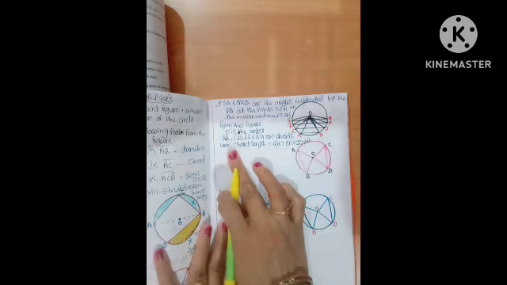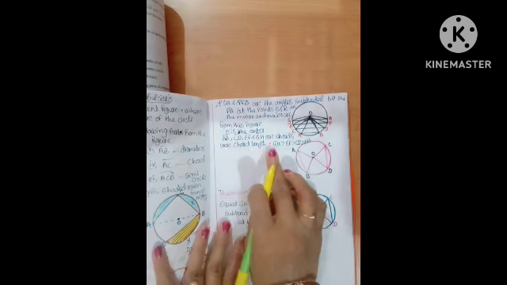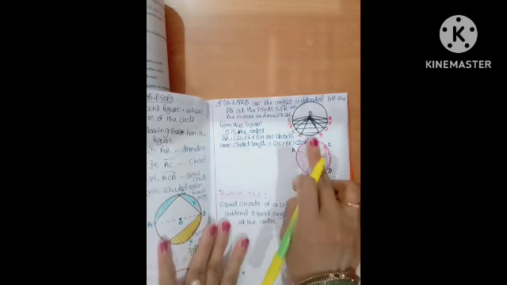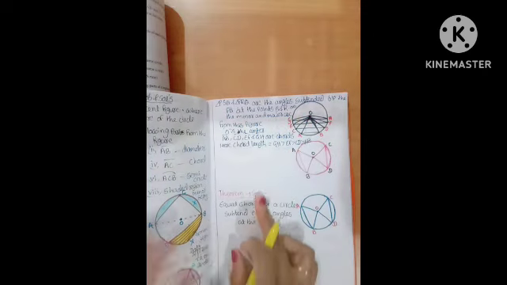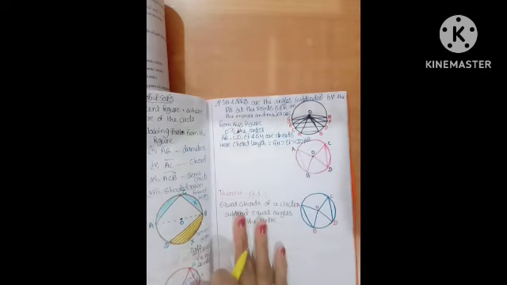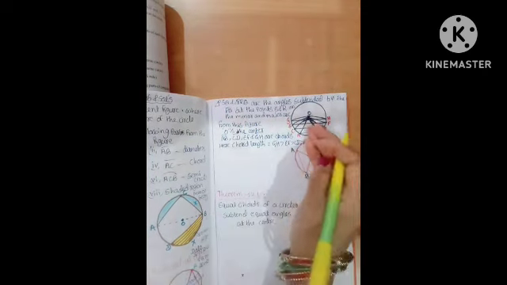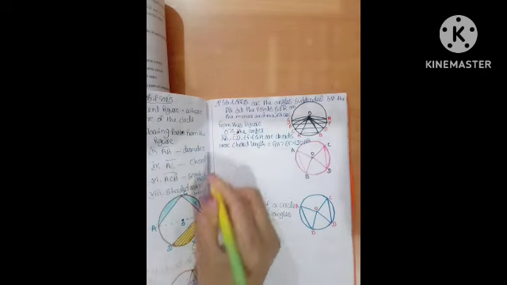Increased only. Here the chord length is increased from AB to GH. So what about the angles? Angles are also increased.